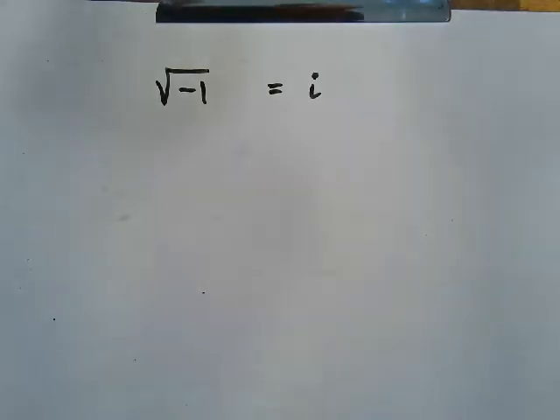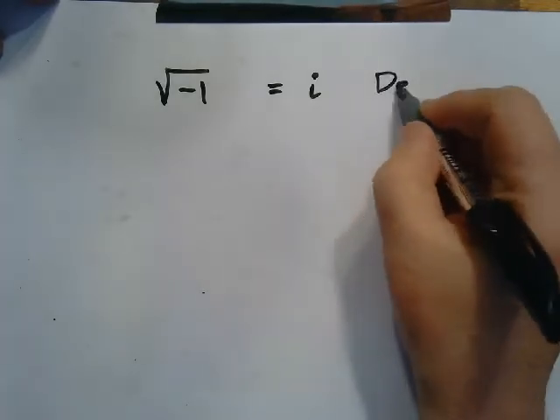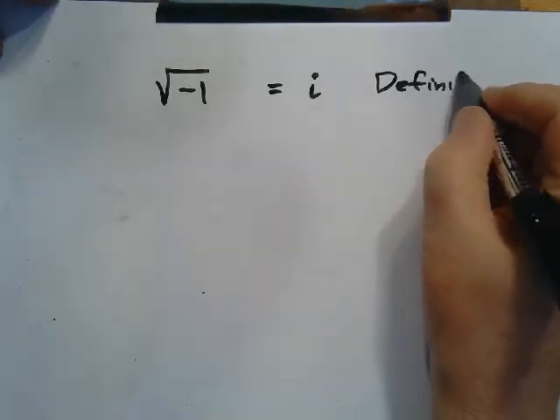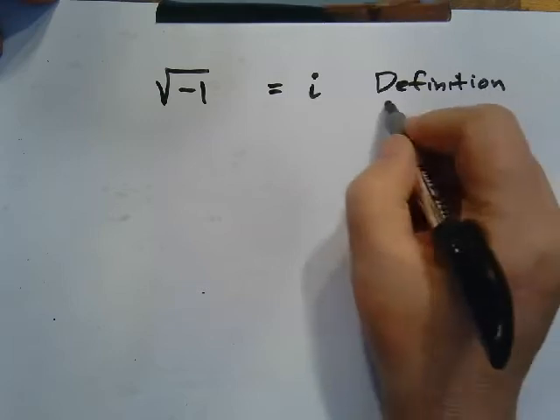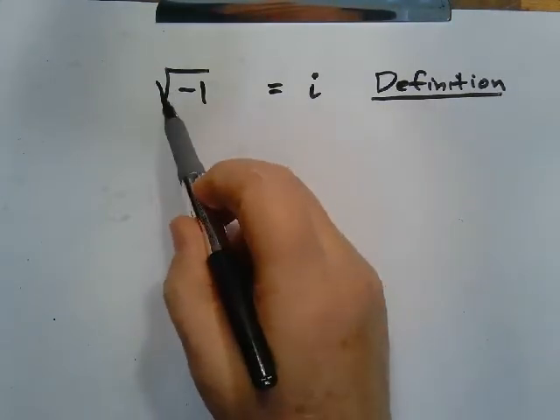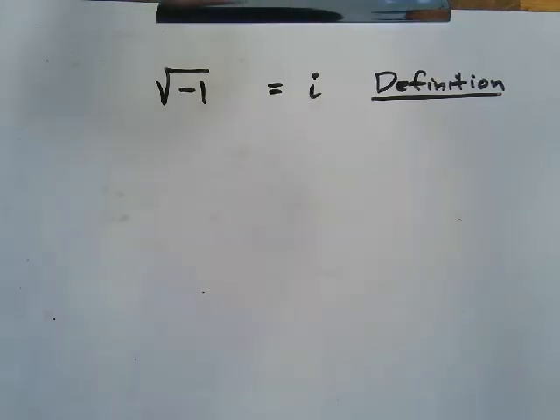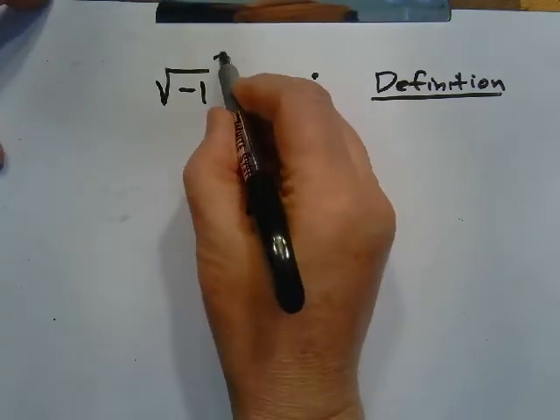All right, we're going to start here, and the reason why this is true is just by definition. By definition, mathematicians have chosen, let's just call the square root of a -1, let's just call it i. Okay? We're going to call it i. What would happen if I squared both sides here?